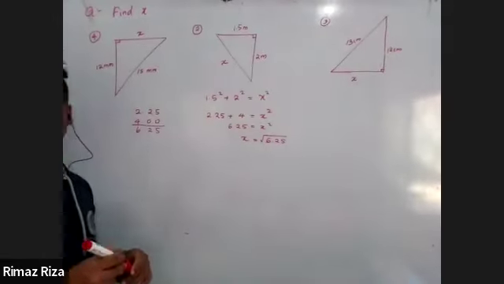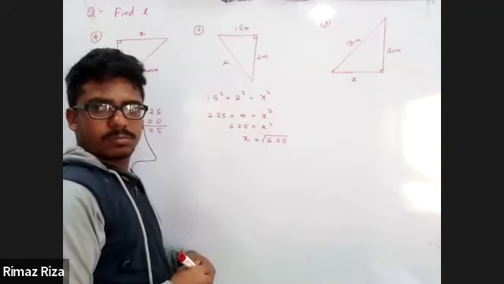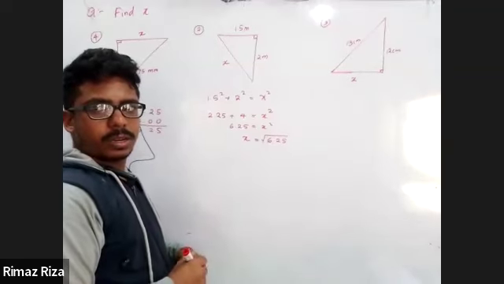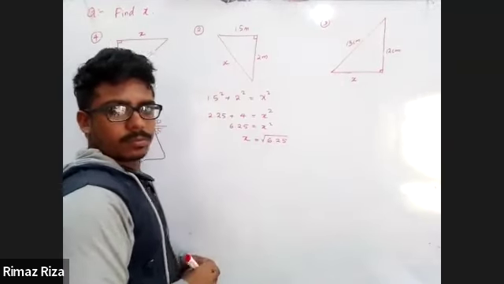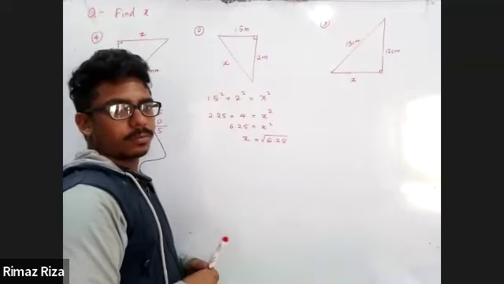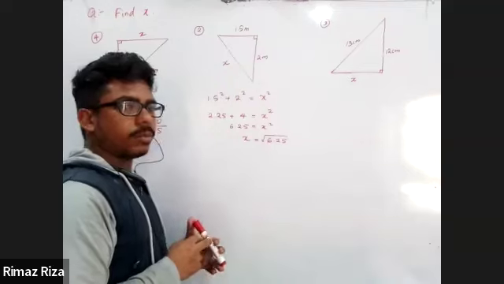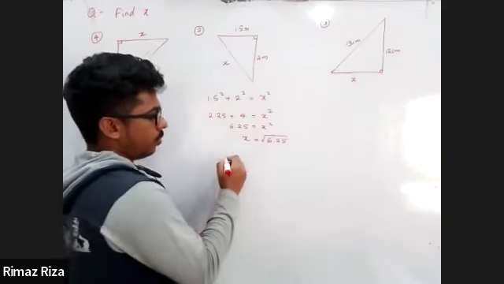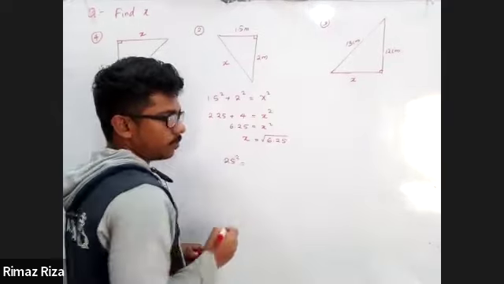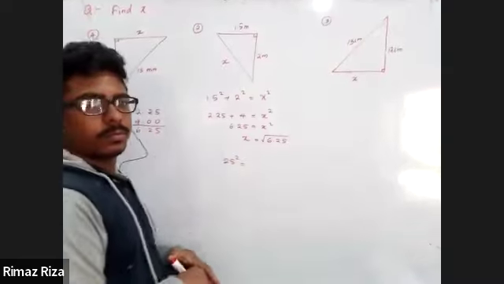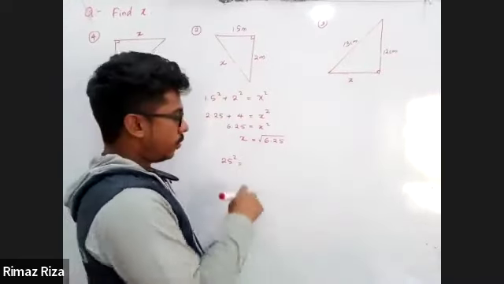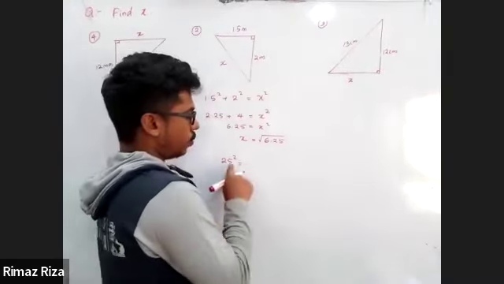What is the square root of 6.25? No idea. What is the square of 25? Square means 25 into 25.